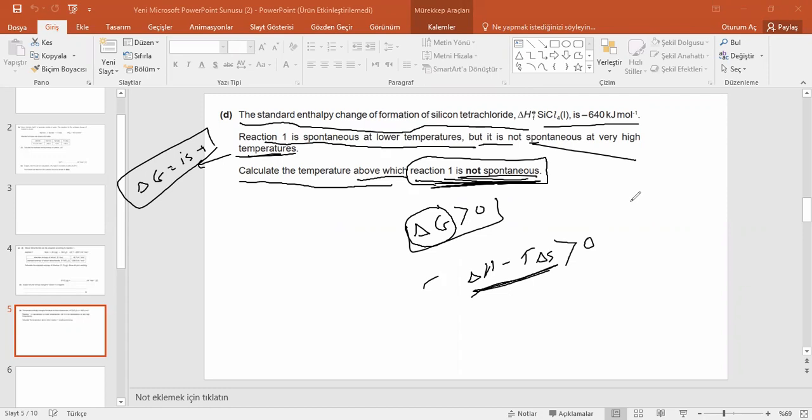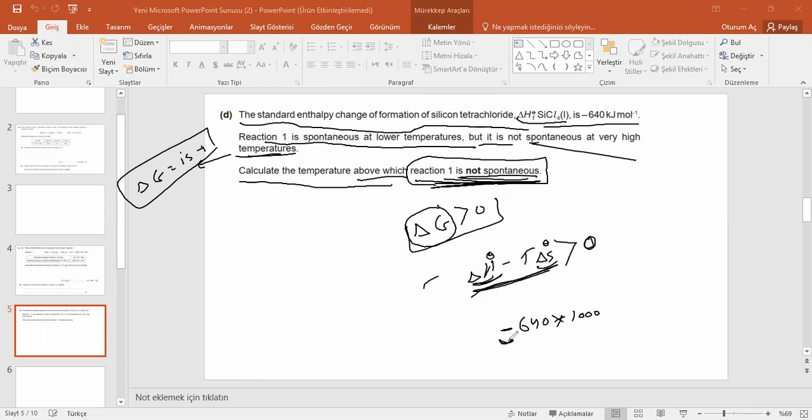Delta H minus T delta S will be larger than 0 for the reaction to be not spontaneous. As we know, delta H value is given, it is here, delta HF. It is minus 640. As I told you, we have to convert to joules to deal with the value of delta S.